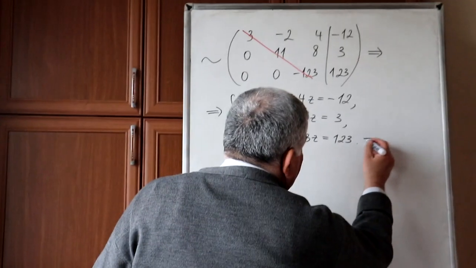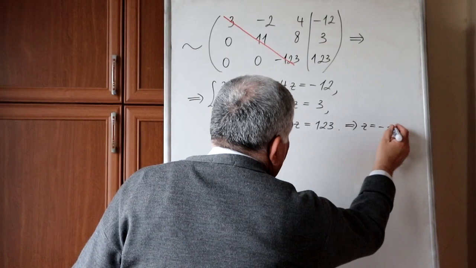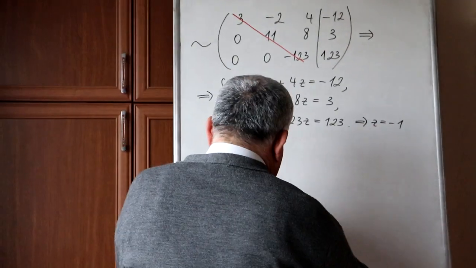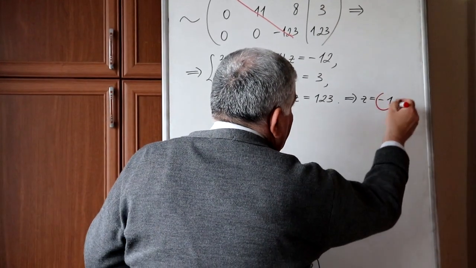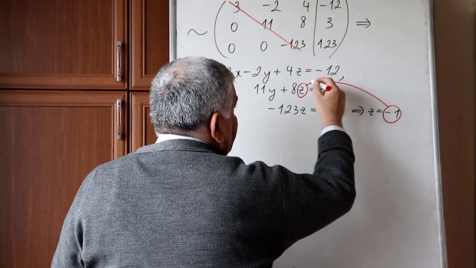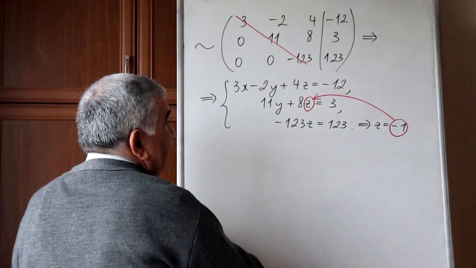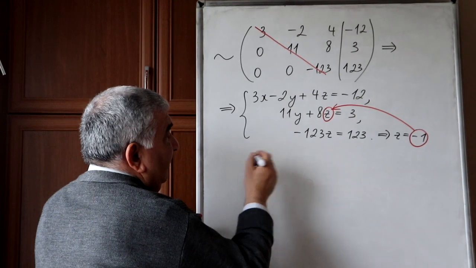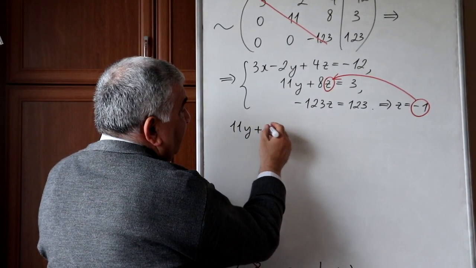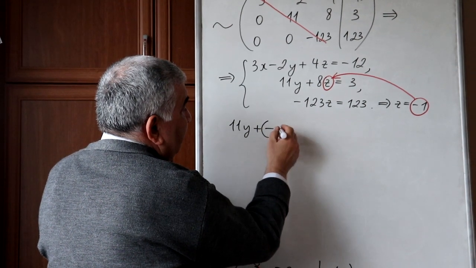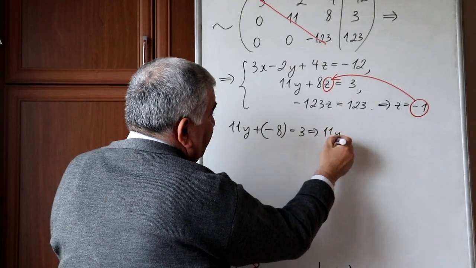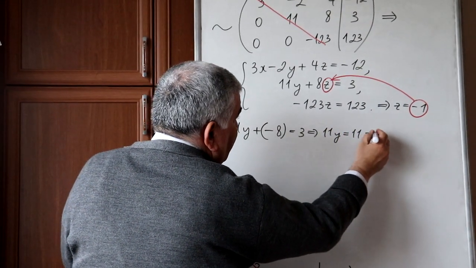Z equals minus 1. Then substitute minus 1 instead of z in the second equation. Then we can find the value of y unknown. 11y minus 8 equals 3. 11y equals 11 and y is 1.